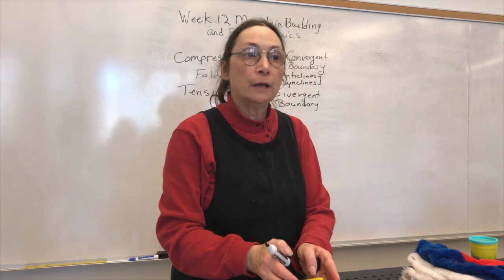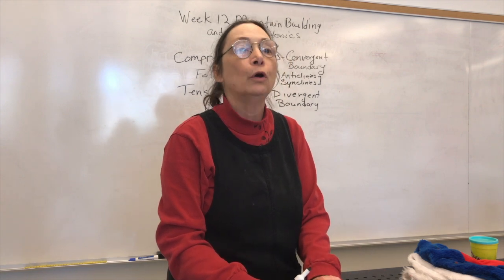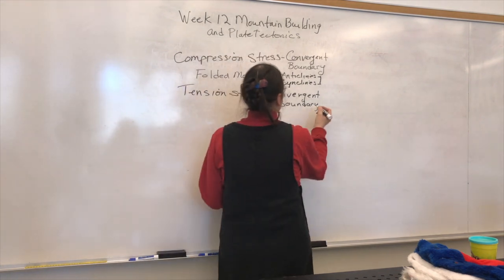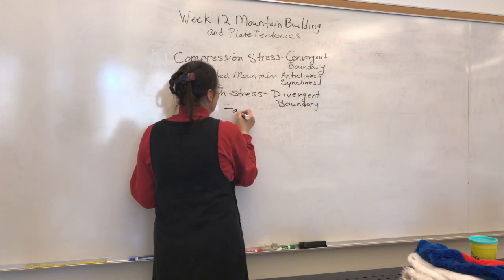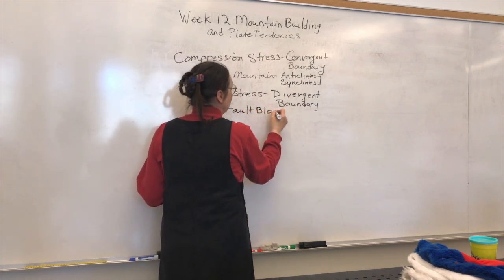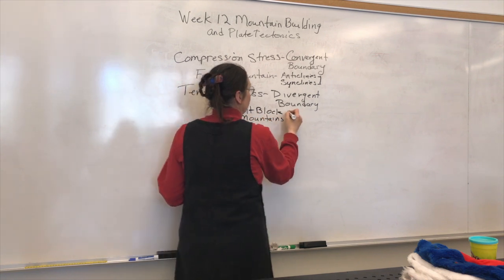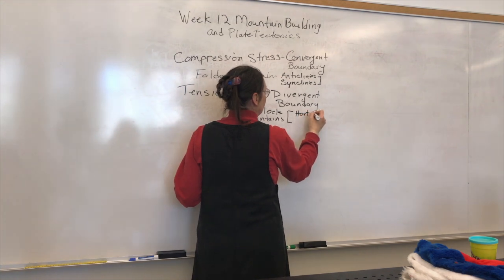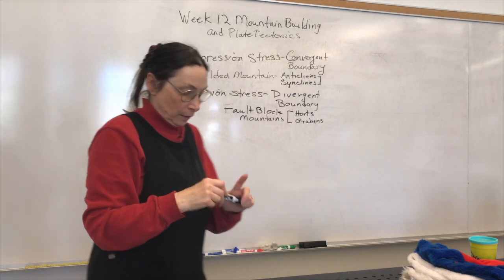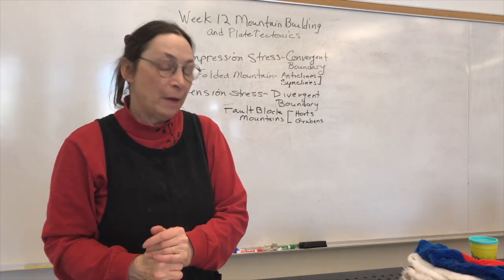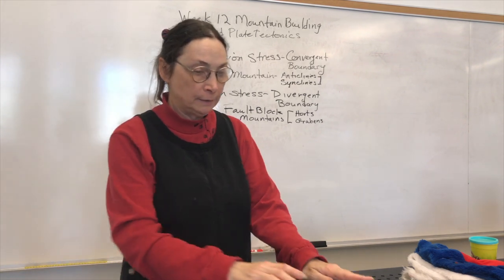The part that is higher, the mountain, is called a horst, and the valleys are called grabens. These are fault block mountains. You would find this type of mountain in the Basin and Range area of the southwest of the United States.